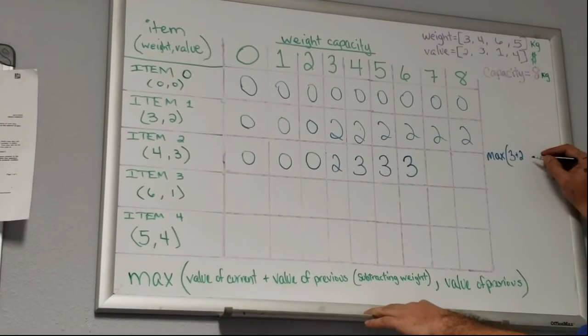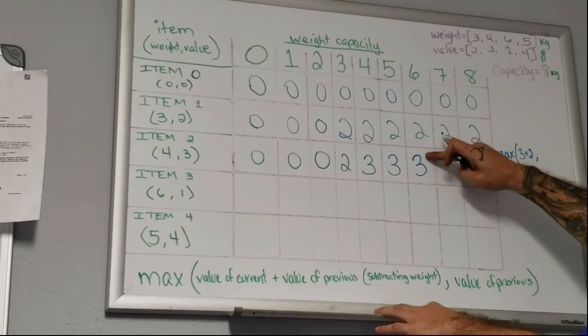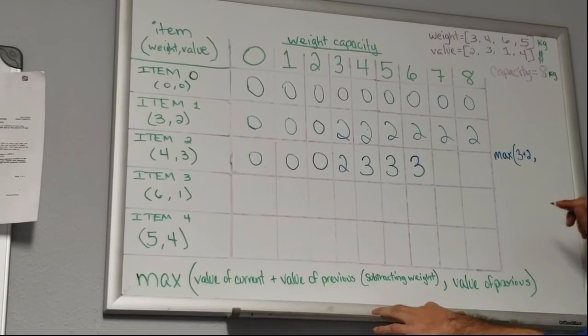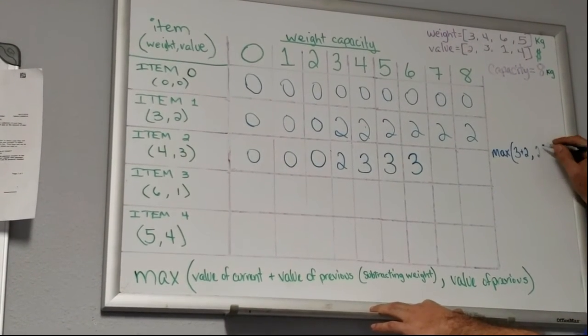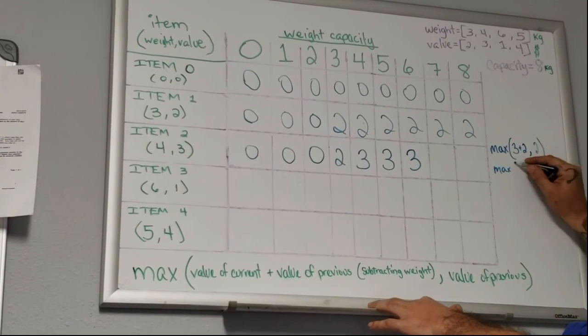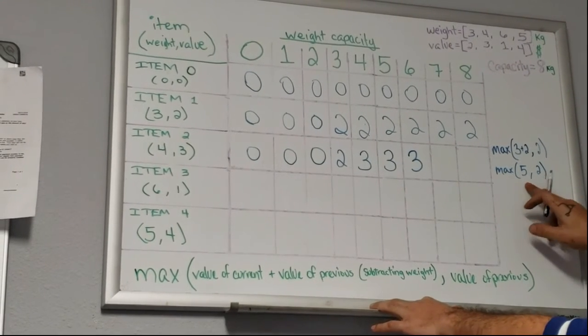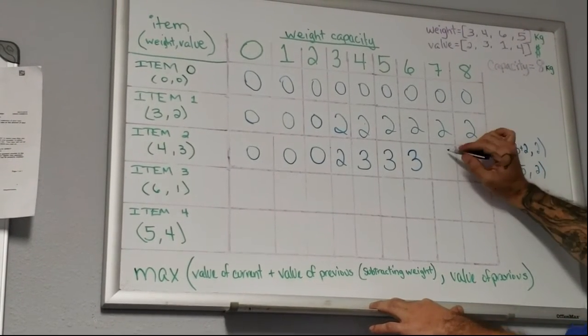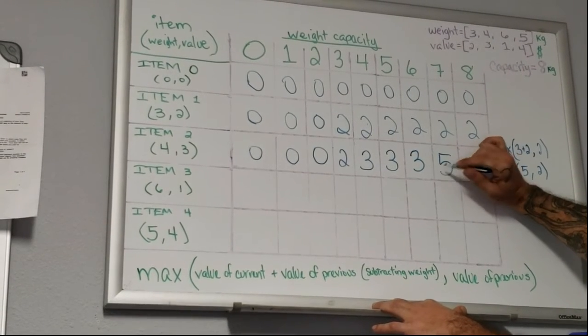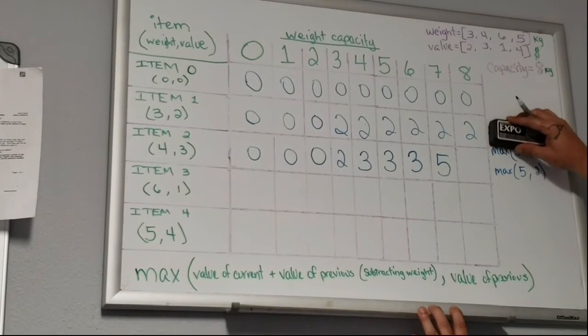The next value in our max function is the value of the previous, and we can find that by referring to the number above, which is 2. So here we have a max function where we want the maximum of 5 or 2. 5, of course, is our max, and therefore our value is going to be 5.